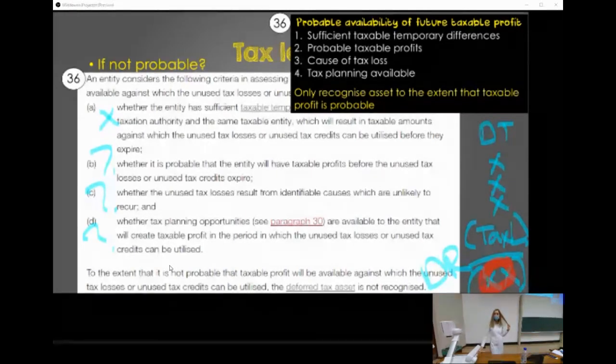Only one criterion needs to be met so that we can recognize an asset? This is a little bit of a principle-based discussion, so it's not just that if you meet one, then it's fine, you can carry on. These are some criteria that you need to look at. If you are confident with one of these criteria, then obviously you can recognize it.